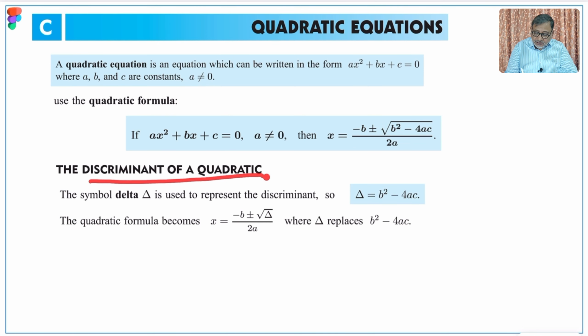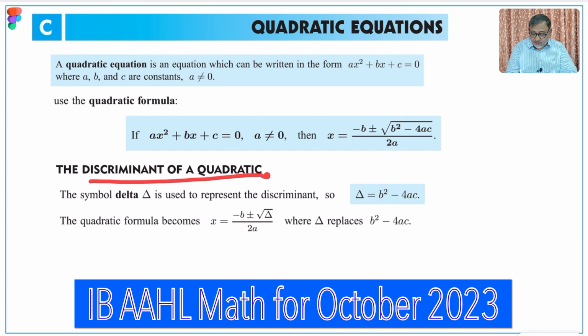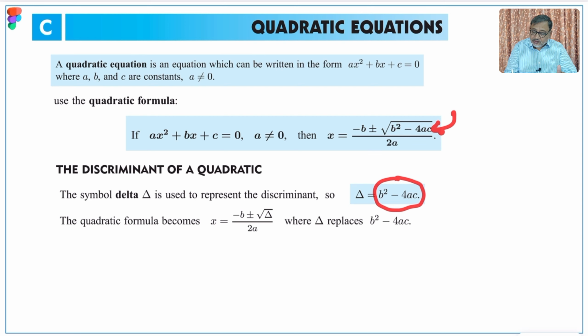Now the discriminant of the quadratic function. The discriminant will decide how your roots, your values of x, are: whether they are equal, unequal and real, or non-real, meaning imaginary. So delta is b² - 4ac, because it is inside the square root. When the inside of the square root is positive, there is a possibility of two real and unequal roots.